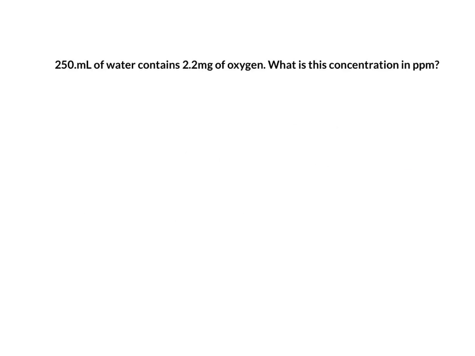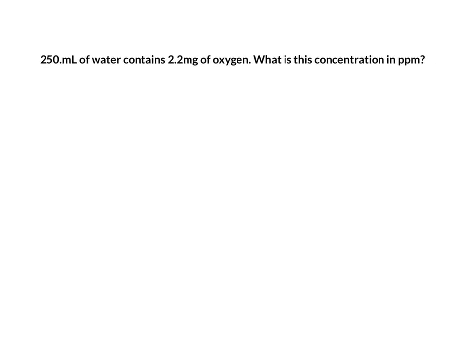So 250 milliliters of water contains 2.2 milligrams of oxygen. What is the concentration of oxygen in ppm? So 2.2 milligrams of O2 in water. Our solute is oxygen, so that's going to go on top. And the bottom has to be in liters.